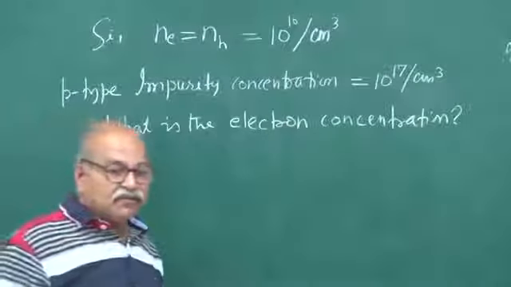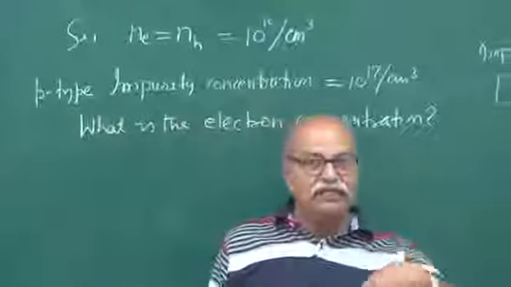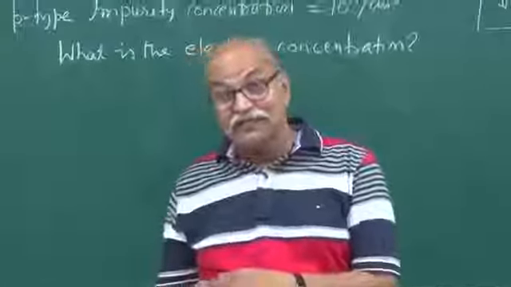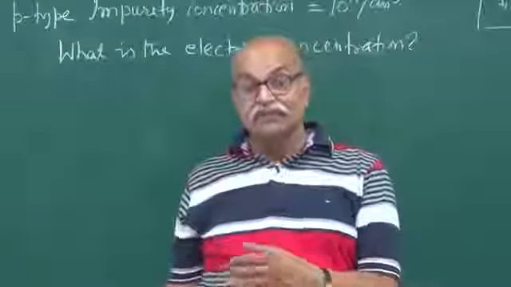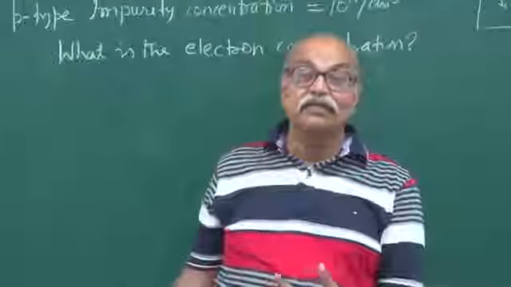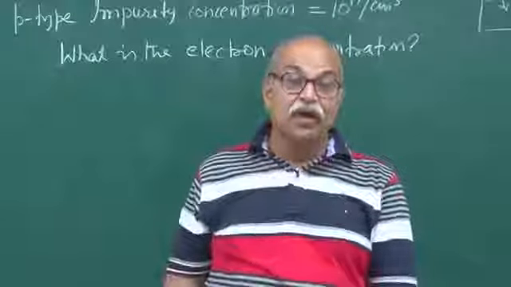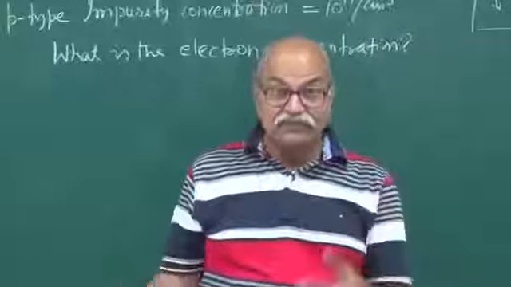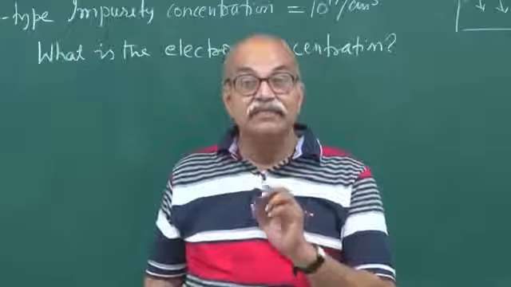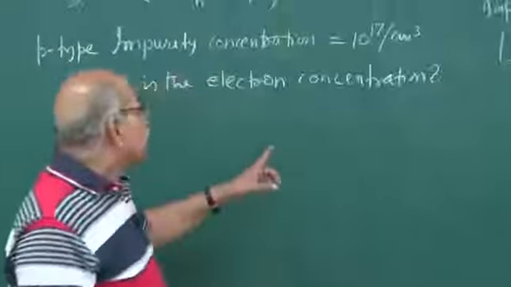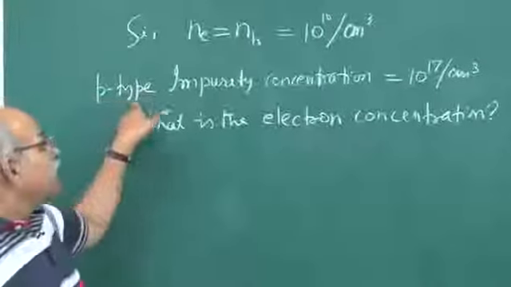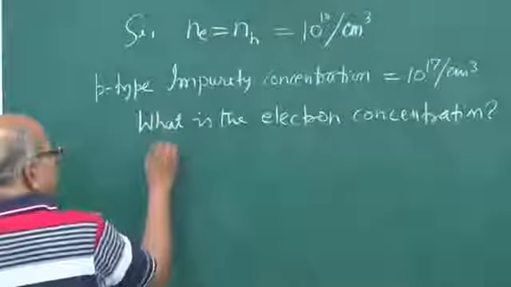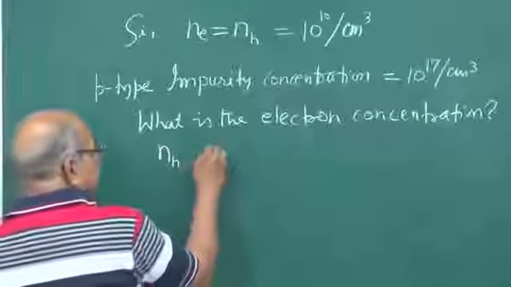So you remember when we dope a certain impurity, the concentration of the other type goes down because of increased hole-electron recombinations, and the product of the concentrations of those two types of charge carriers remains the same. So if I am doping a p-type impurity, then definitely this NH, the hole concentration, is increased.